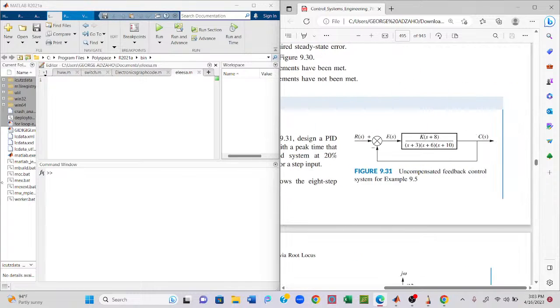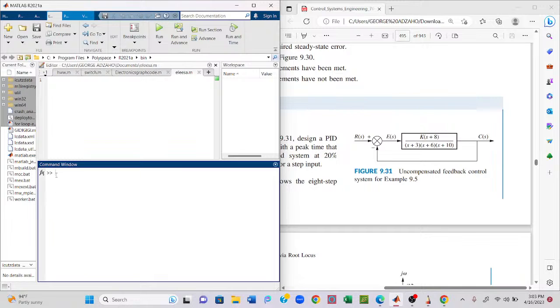So this is the system. First, for plotting it on MATLAB, you need to represent the numerator and the denominator of the transfer function. I'll give a variable for the numerator, equal to this. You can either use this or the poly function.